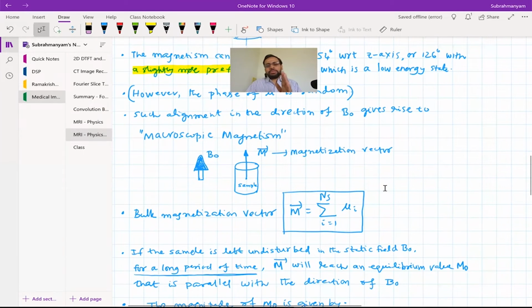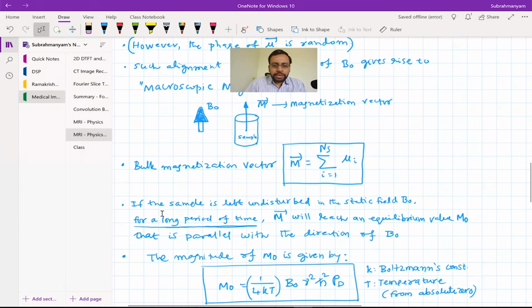So what we are talking about here is that everything is in a random state now. You apply B naught. When you apply B naught, it's not like at t equal to 0 plus instant itself everything would come into either the parallel or anti-parallel state. It takes a while. This is a very important piece of information that is explicitly exploited while applying these magnetic fields and even perturbations to them.